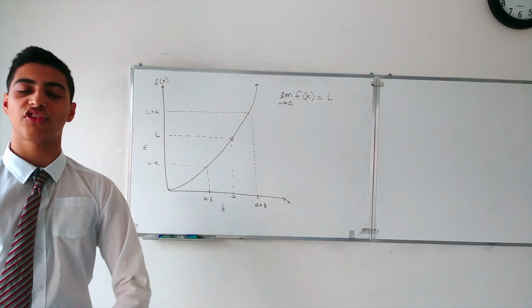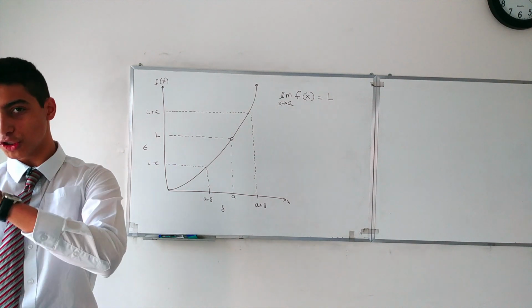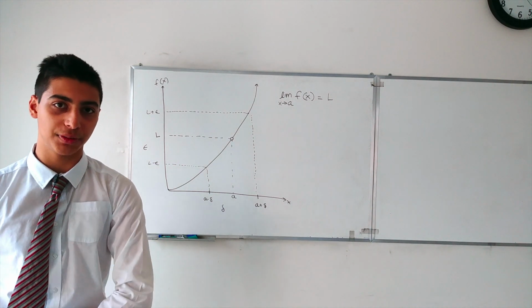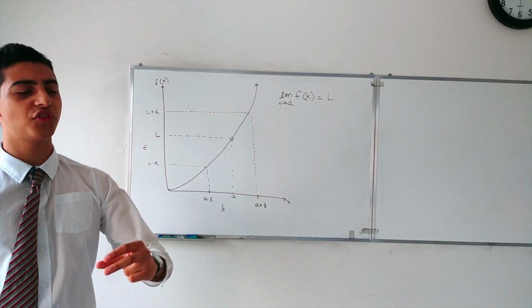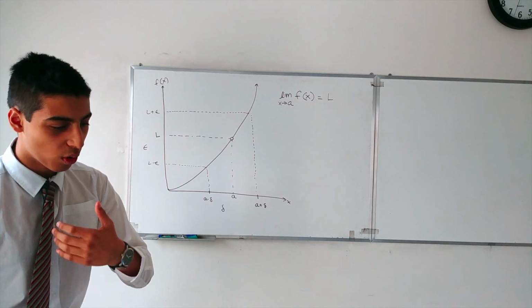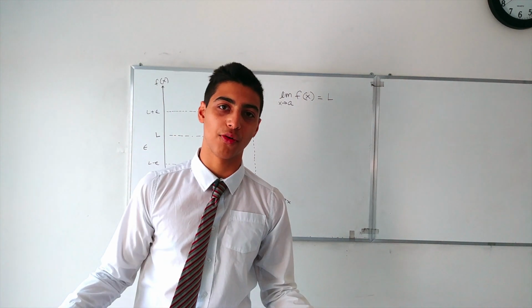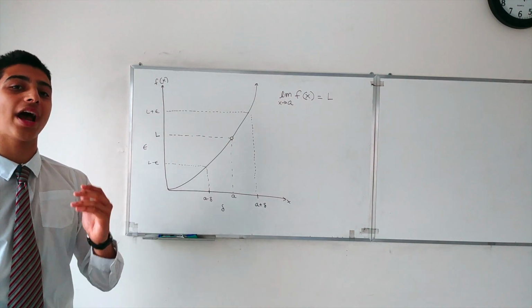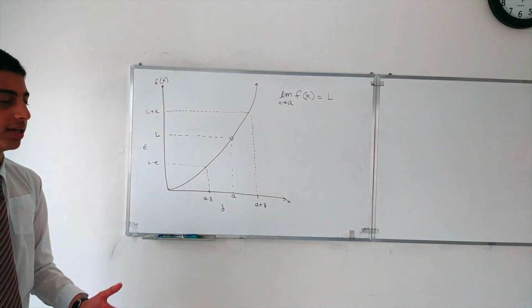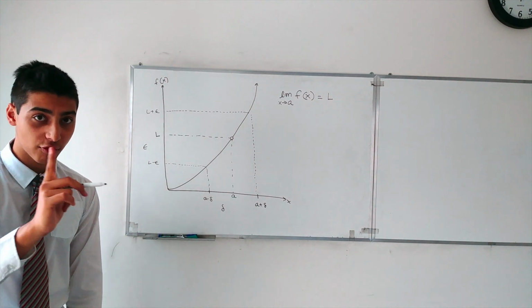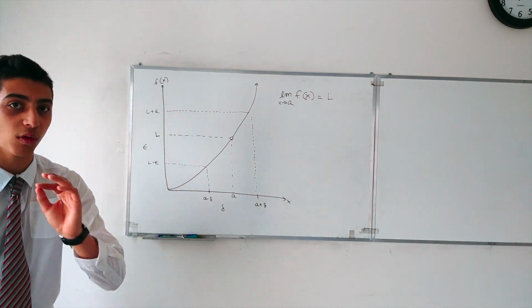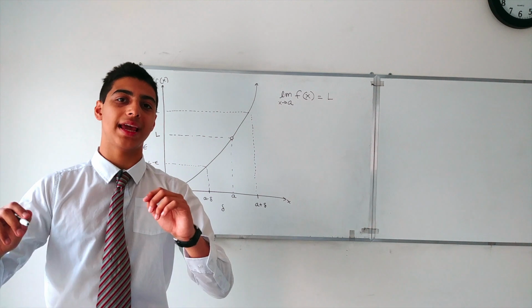So what I want to do now is make a game. This game is going to be consisting of 2 players. The first player will tell the second player, I want to be within 2 units of L, or 1 unit of L, or 0.01 units. You get the point. The first player will tell the second player how close they wish to be to the point L. Once again, remembering that they can never equal L, and that point will be epsilon.